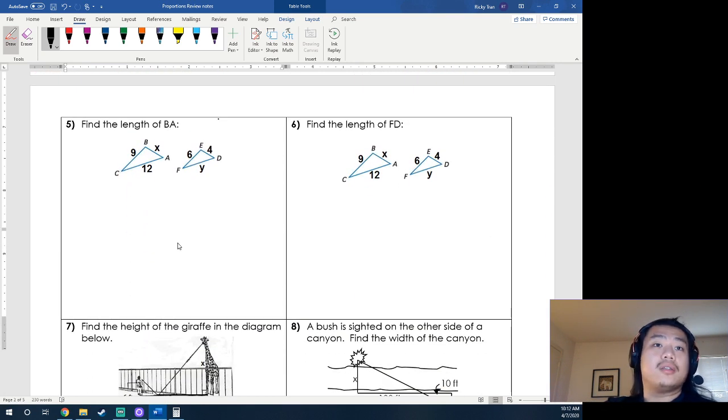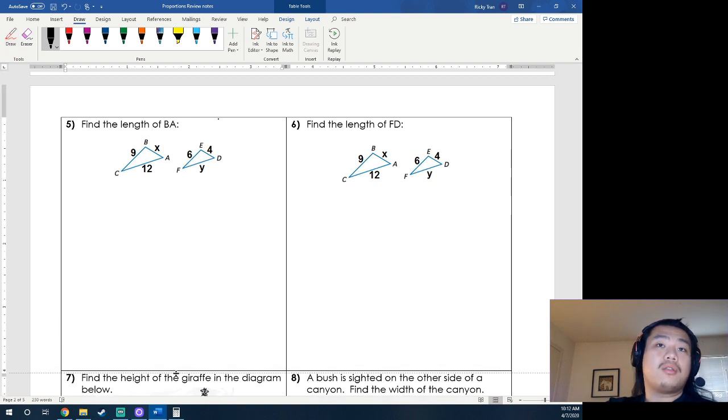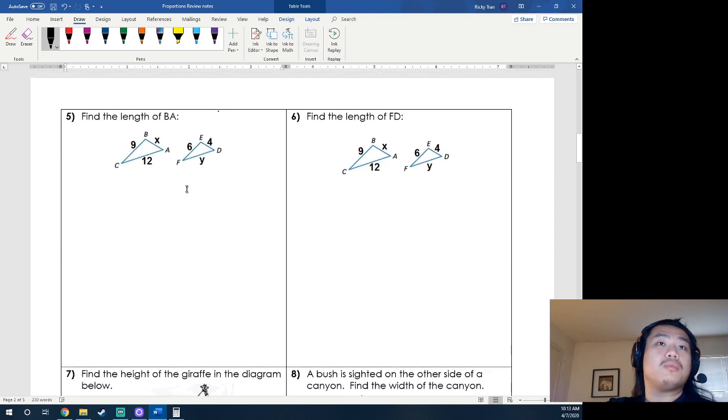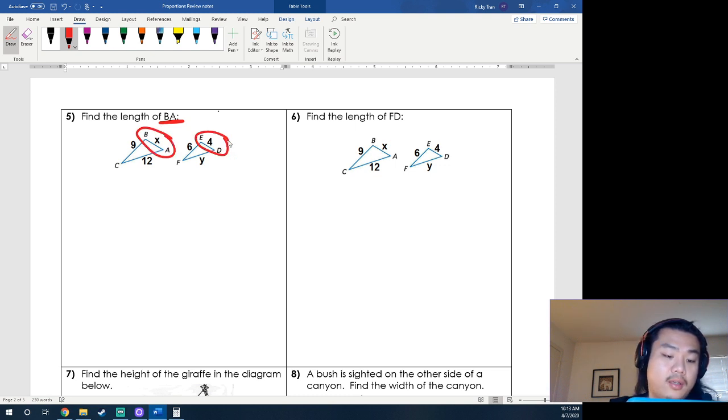Again, same thing. I'm going to increase this length just a tad bit so we have more room. So this time we're looking for the length of BA. This is BA, so this matches with ED. The other values we have are 9 and 6.